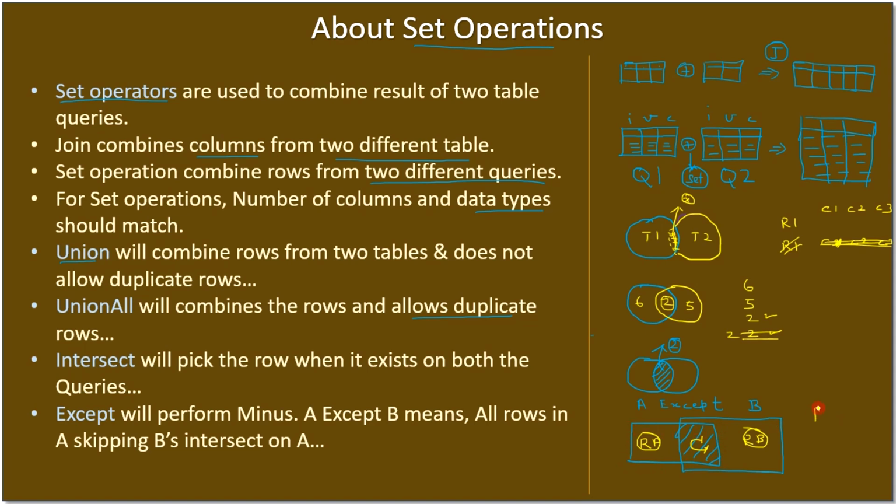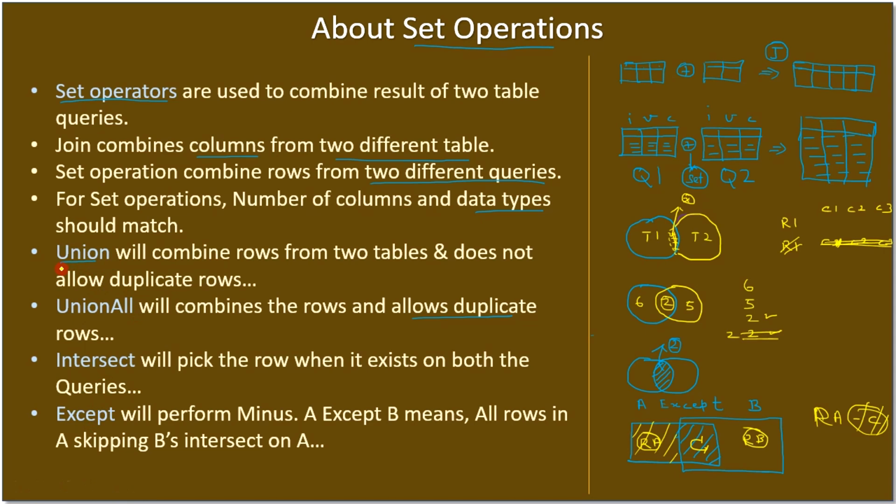You will get RA and this combination will be removed. So only records that are specific to A will be retrieved. So if you do B except A, only this portion or records that belong to B or the second query only are retrieved. So that's the except operation.